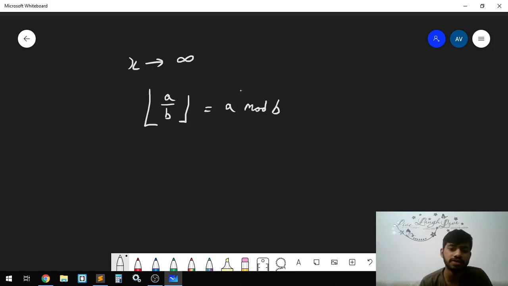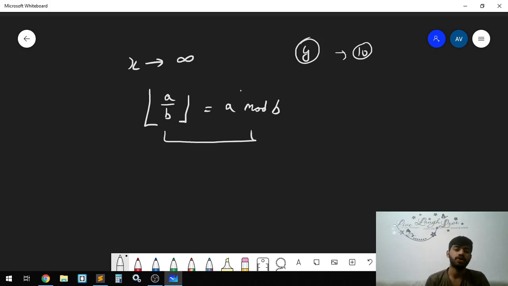Then if x is infinity and y is some value, let us suppose 10, at max how many pairs are possible? If x is infinity, then I can take a as any number from 1 to infinity.